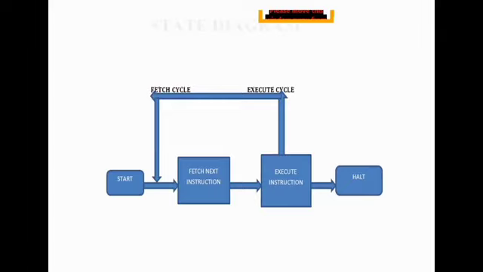So this is the state diagram. Here it gets started and the processor will fetch the instruction, and it will get decoded, and then the instruction will get executed. If you have more instructions, the cycle will keep on fetching the instruction.